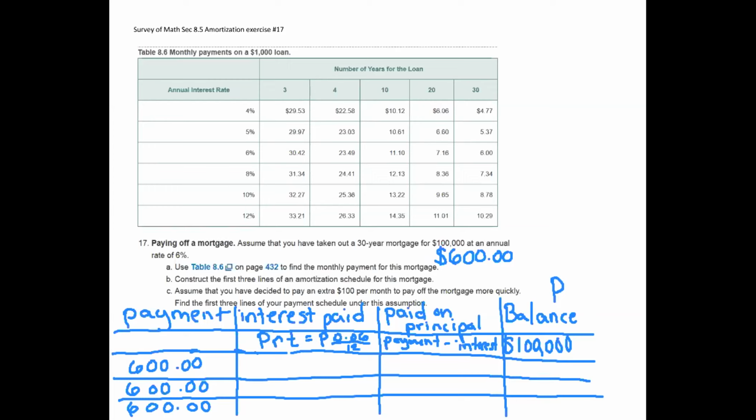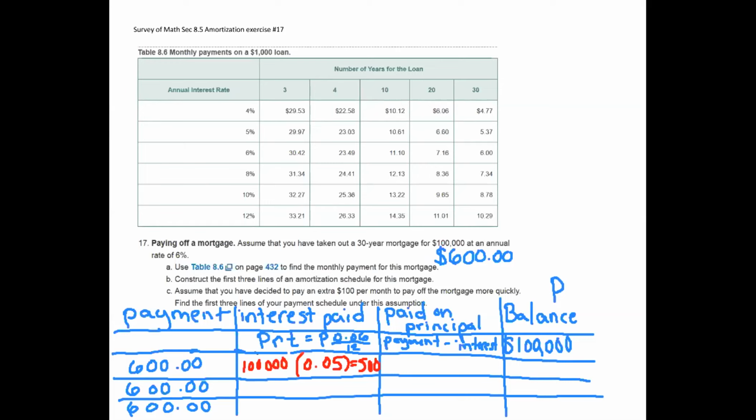So in the first payment, if we take our P, which right now is the $100,000, and multiply by the quantity 0.06 divided by 12, which is 0.005, then we see that $500 from our 600 is going toward interest, right?